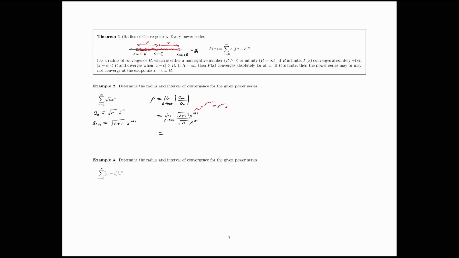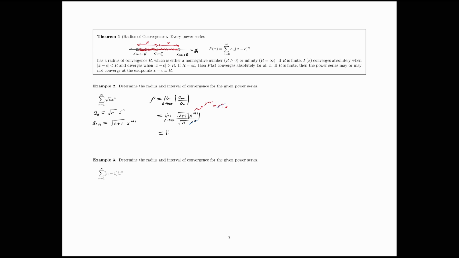I should have taken my time there. Because these terms here are positive, we don't need the absolute value. But this x value could be negative. There's nothing in this expression that says we can't plug in negative values for x. So the absolute value bars do have to remain on this x.